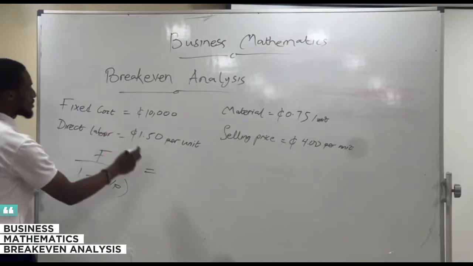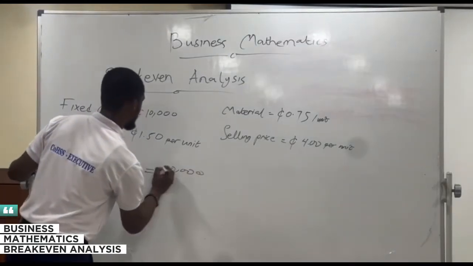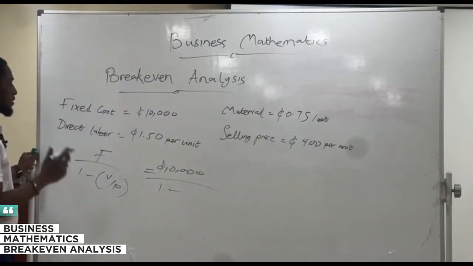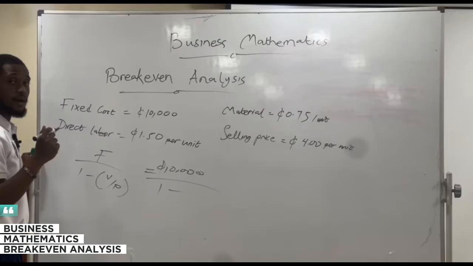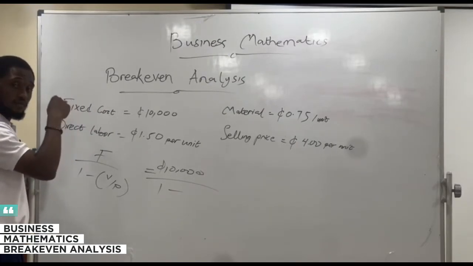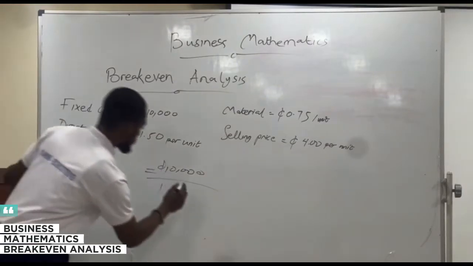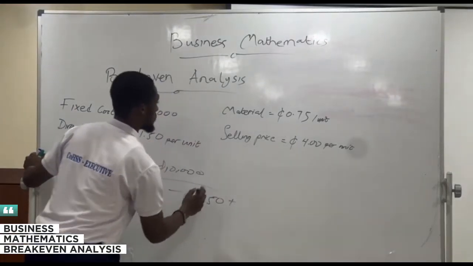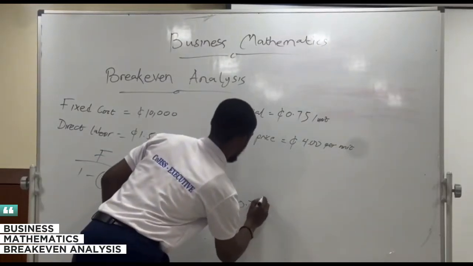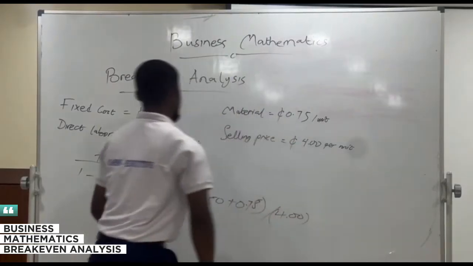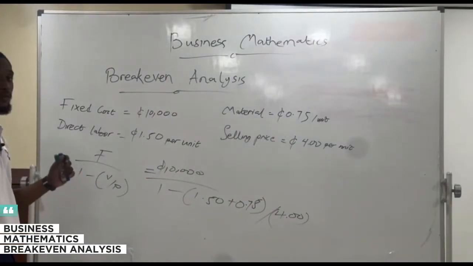Your fixed cost here is 10,000 cedis. You bring your 1 minus V, variable cost, divided by P. Variable cost wasn't stated here, so as we did in the previous example, you add the 2 factors of production here to get your variable cost.